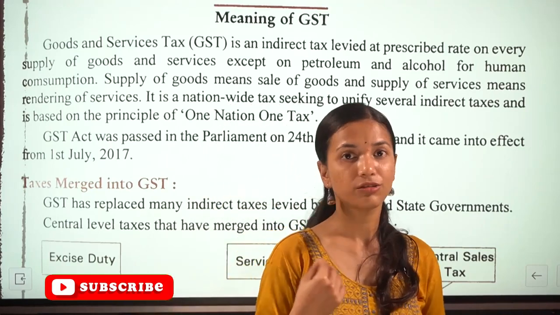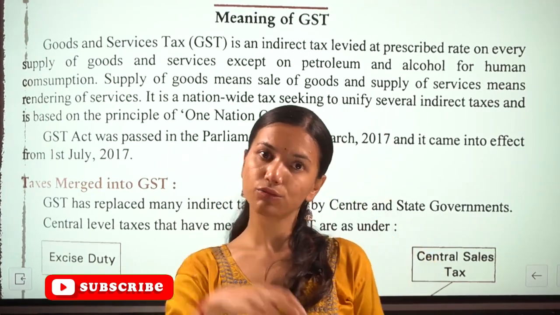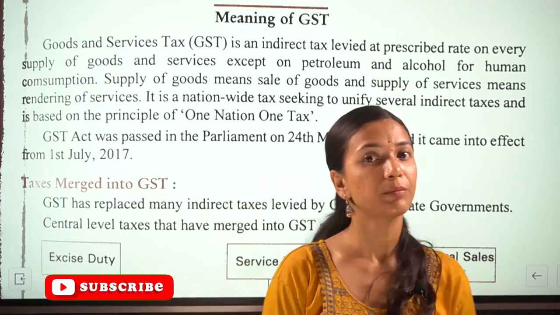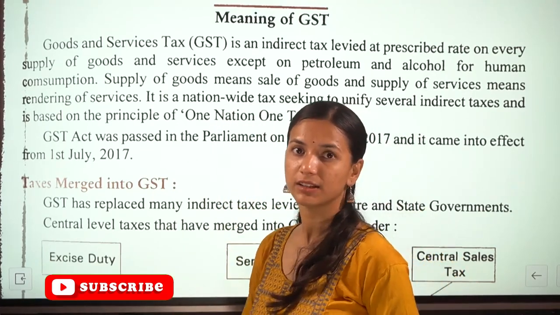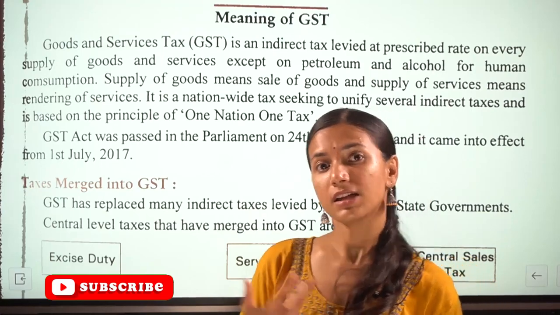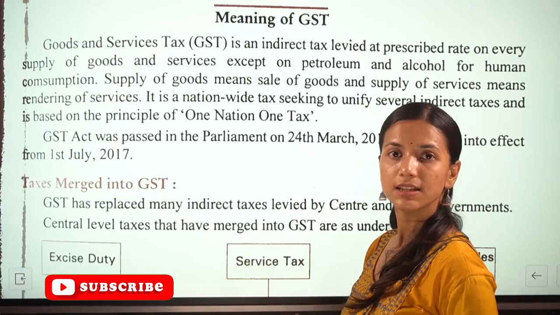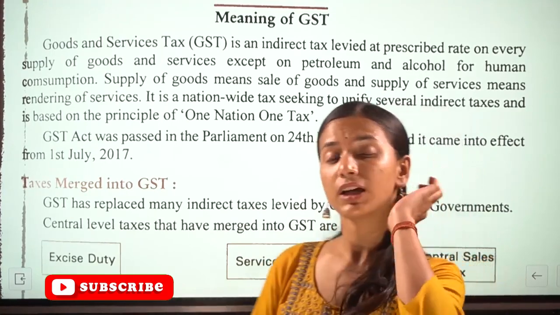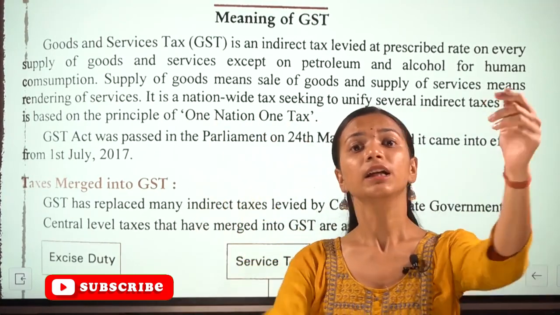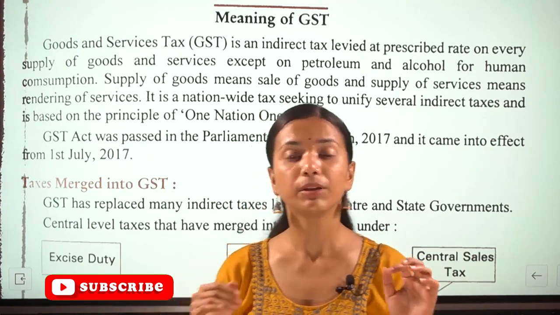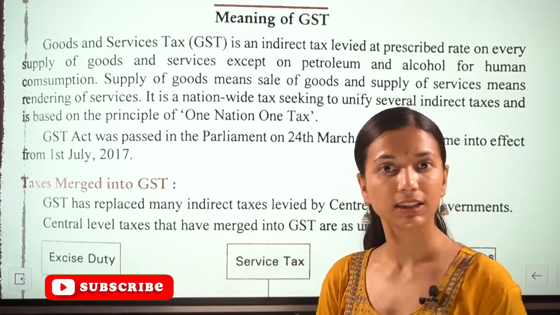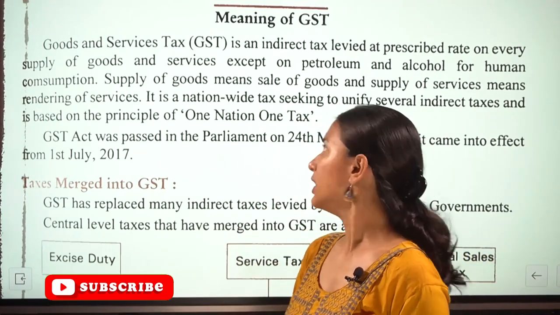Okay, so that charge you are not paying extra, that is inclusive of all tax written in your MRP. You might have seen it. So those charges, those taxes, are your indirect taxes. So GST is an indirect tax. That means we don't have to directly pay it to the government. It will be collected by the government via the different commodities that we use, different products that we use.